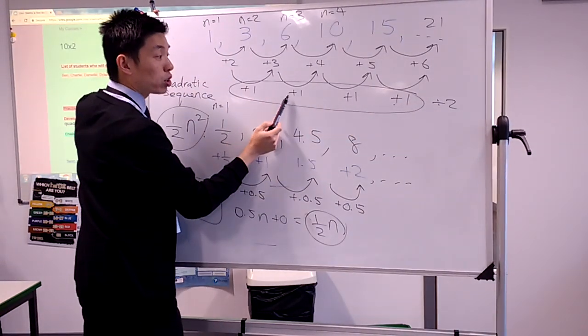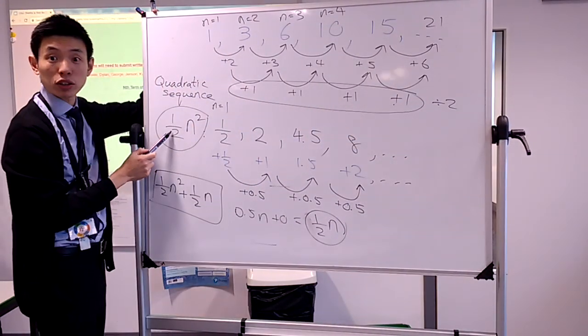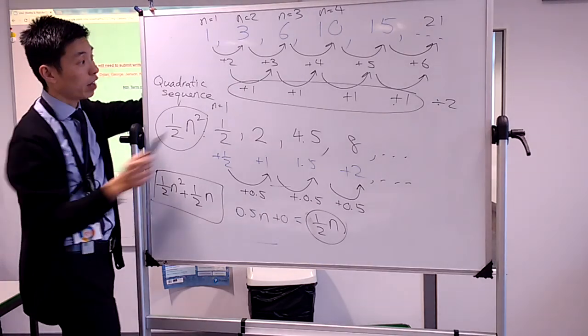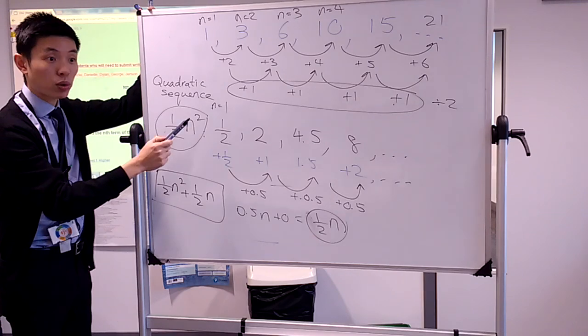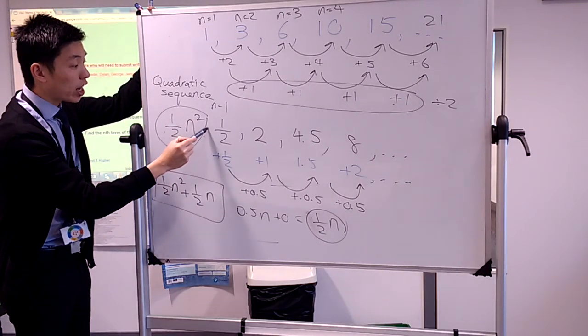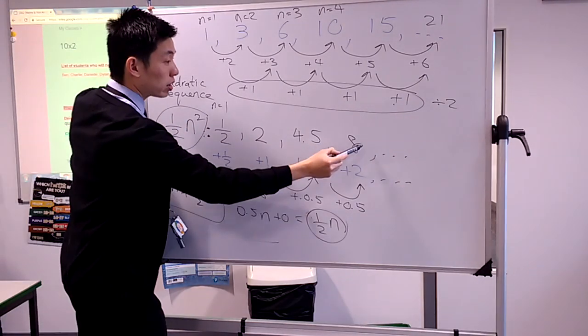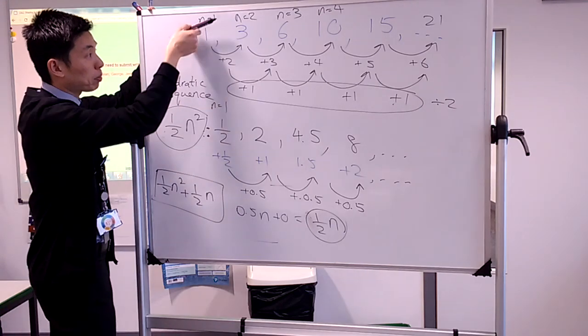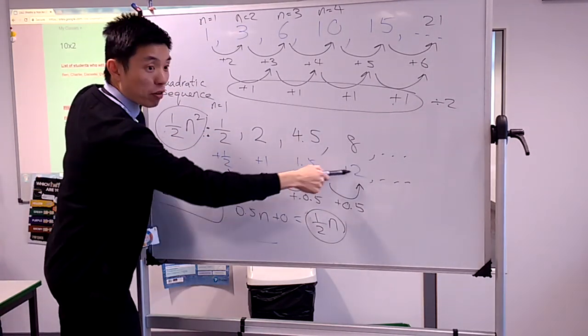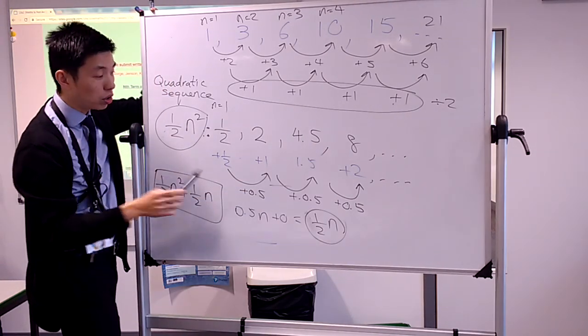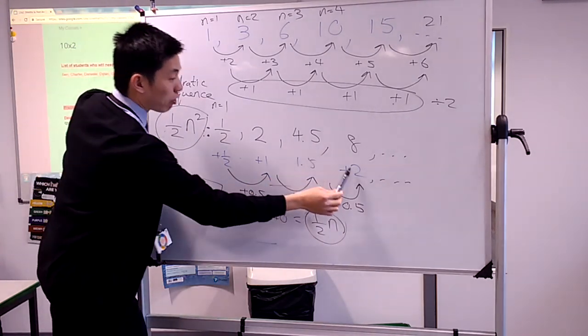If this was going up in 2's, what's the coefficient here? 1. Yes. If it's going up in 6, what's the coefficient here? 3. Yeah, 3n squared. Using that, generate a sequence and compare it by subtracting to get this new arithmetic sequence, and I can guarantee you it's always an arithmetic sequence.